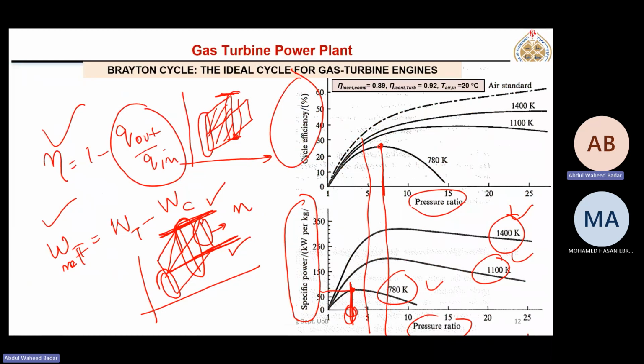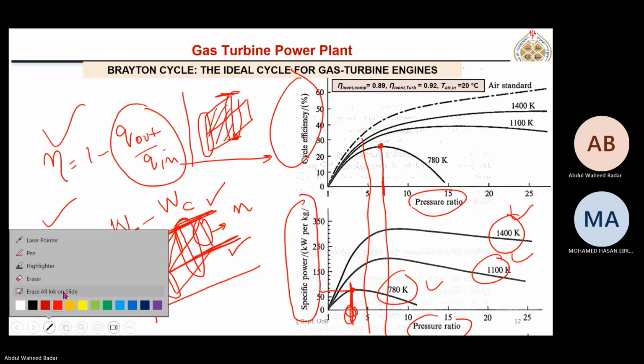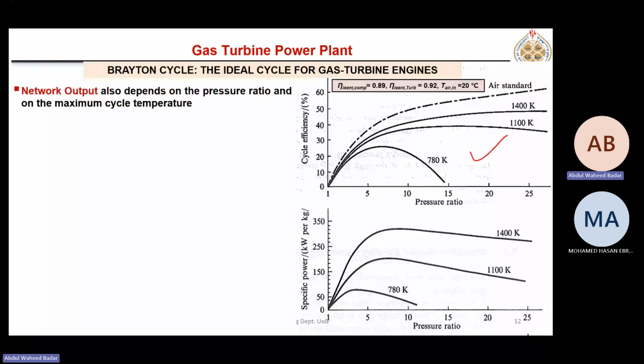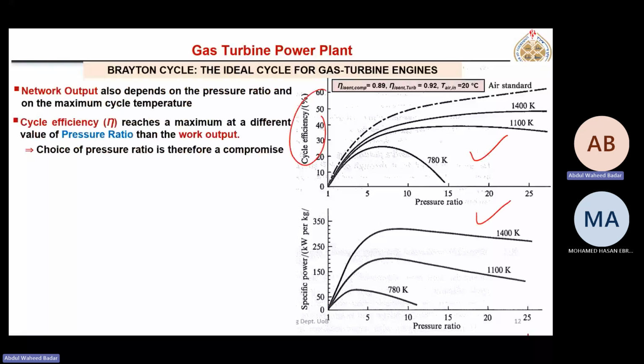So it is a compromise between both. The work of compressor is a different equation altogether. So that's why the peaks don't match. That's why here you see both curves. One is cycle efficiency, the other is this one.